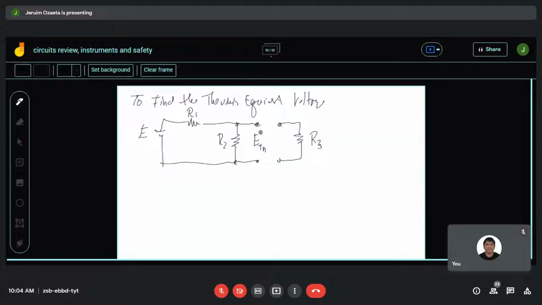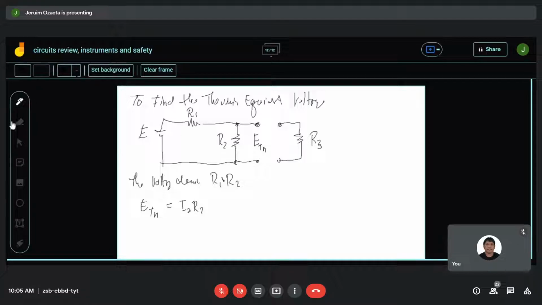So if we allow, let's say we have a current that flows in this loop, the voltage at the Thevenin's voltage equals the current I sub 2 times R sub 2.